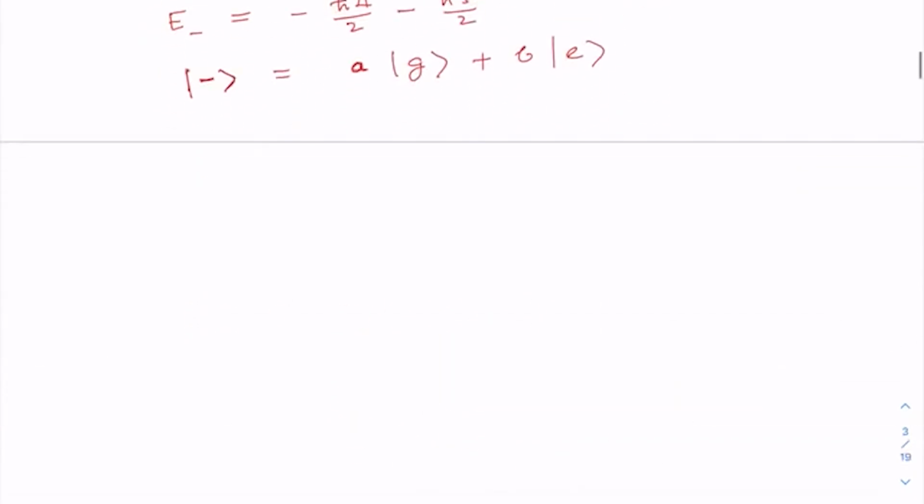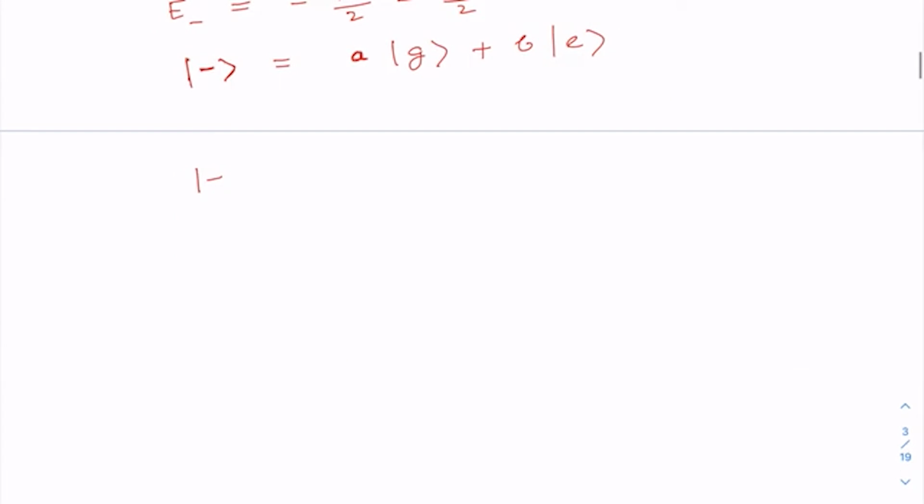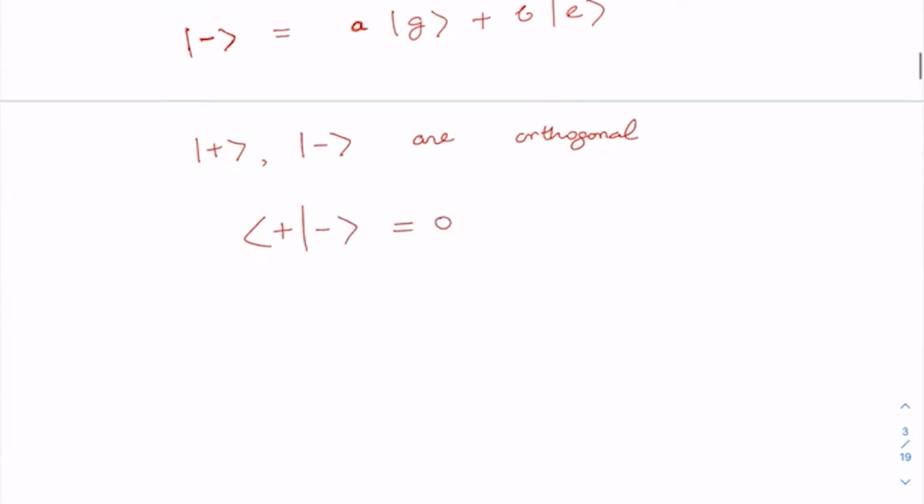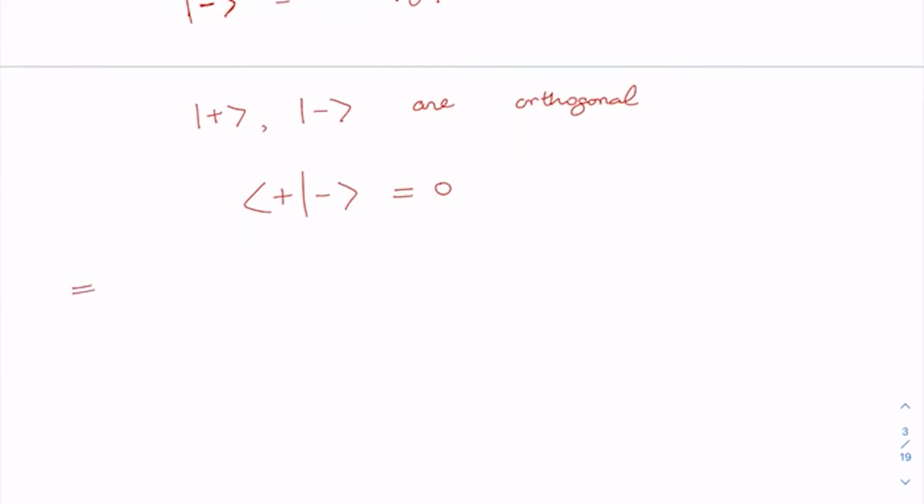Now the eigenstates |+⟩ and |−⟩ are orthogonal. That means the scalar product of bra + and ket − has to be equal to 0. This means that we can write an equation.